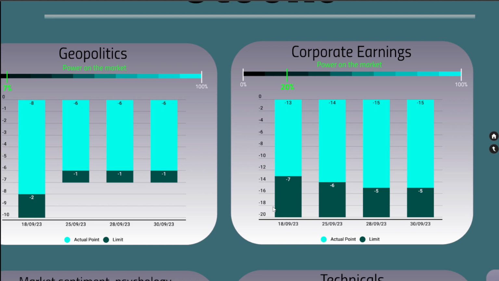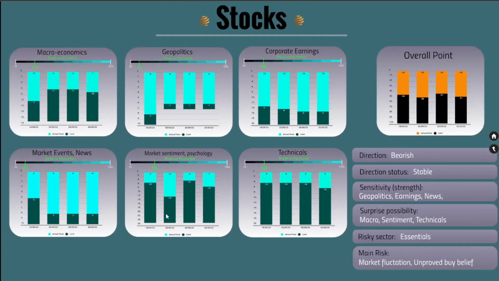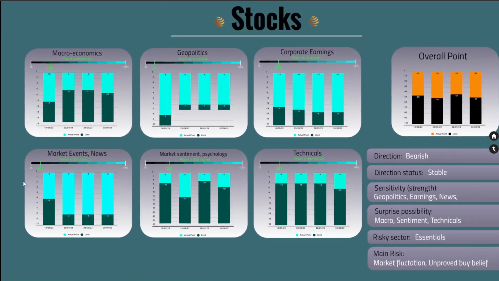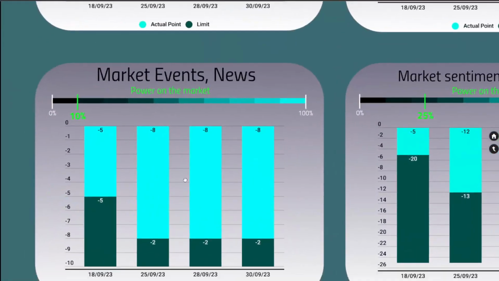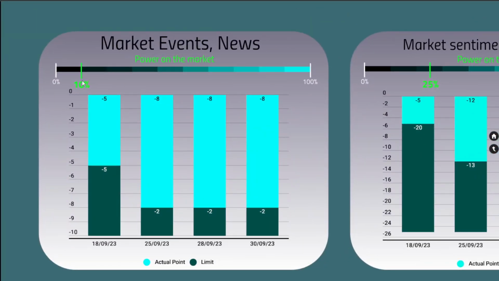And this is why you experience this negative effect on the market. The market news and events has 10% power over the market, and it used -8 out of this 10, so pretty strong.